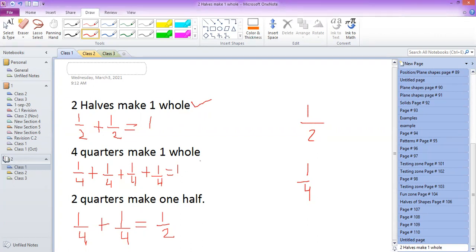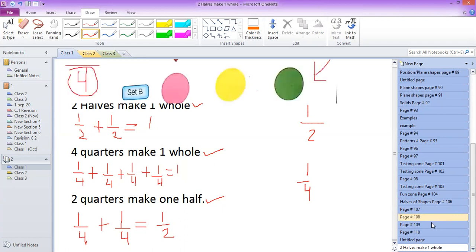Four quarters also make one. If you divide the pizza into four pieces and you eat all pieces, that again means you are eating the full pizza. Four quarters make one and two quarters make one half. If you divide the pizza into four equal pieces but you eat two of them, that means you eat half of the pizza. So this you should know.